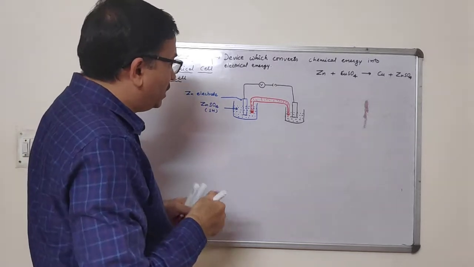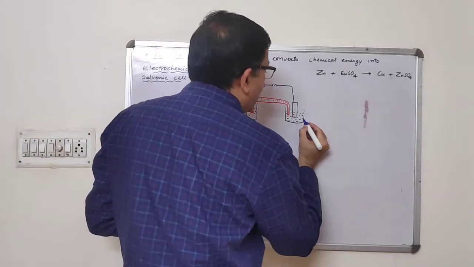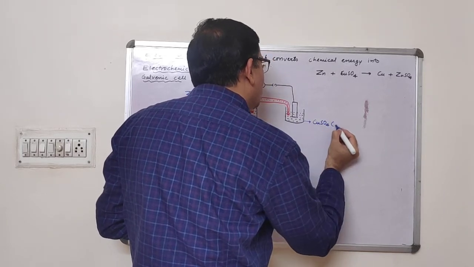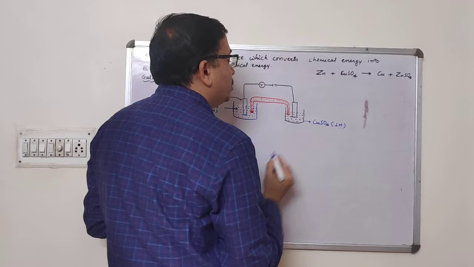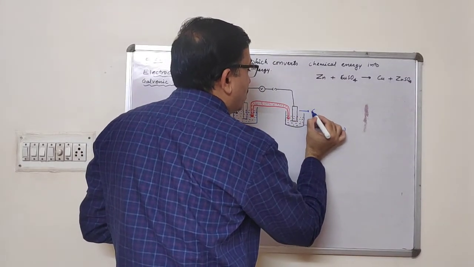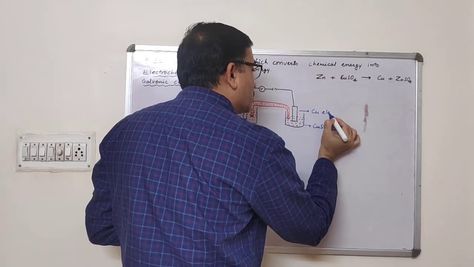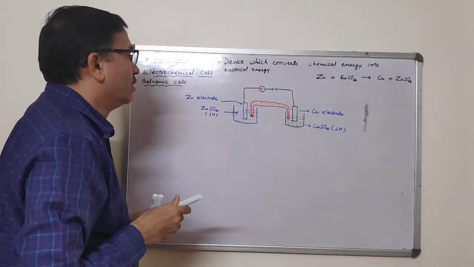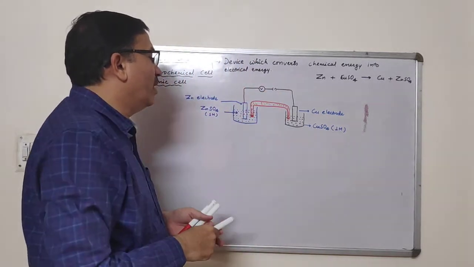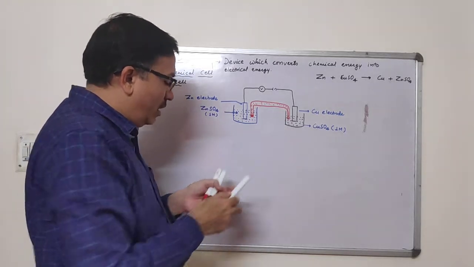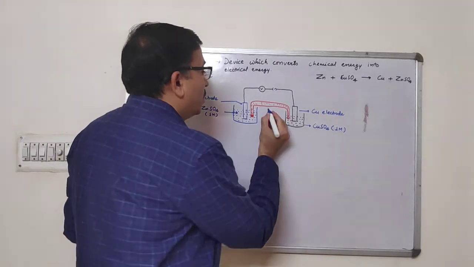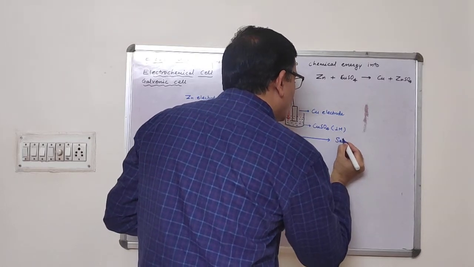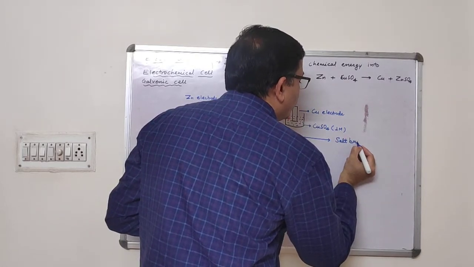And on the other side, I am taking copper sulfate solution with 1 M concentration and a copper rod, that is a copper electrode, dipped into it, connected with a voltmeter and plug key, and these two containers are connected through a salt bridge.